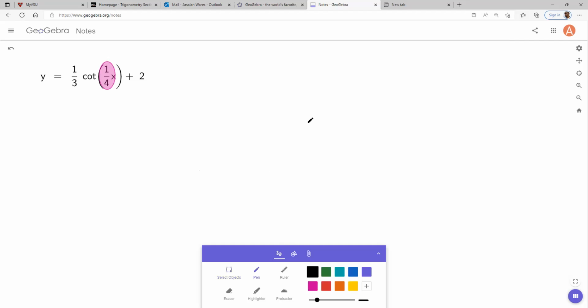I'm going to do a little sketch here. This is the y-axis. It's going to go like this. And you have to understand these bits and pieces. Let's explore cotangent x on Desmos.